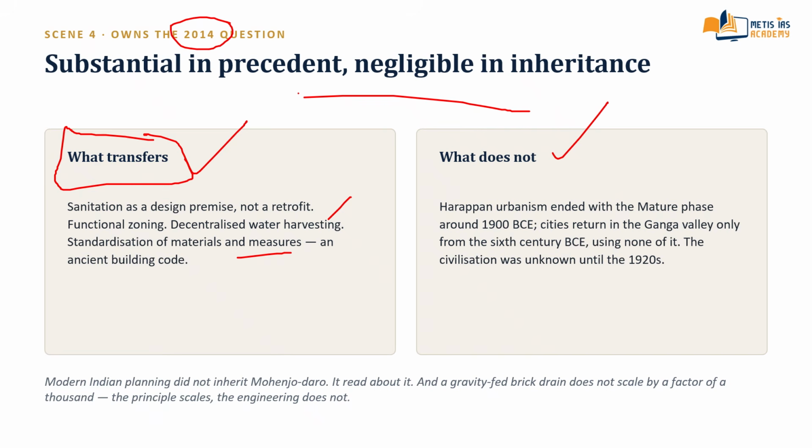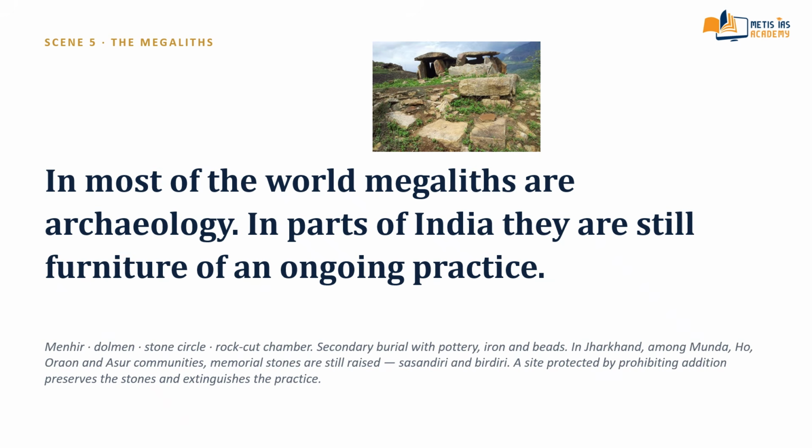Then you can close with the balanced verdict. The Indus contribution to present day urbanization is inspirational and evidentiary rather than genetic. It supplies proof that planned, sanitized, water secure urbanism is achievable and was achieved very early.